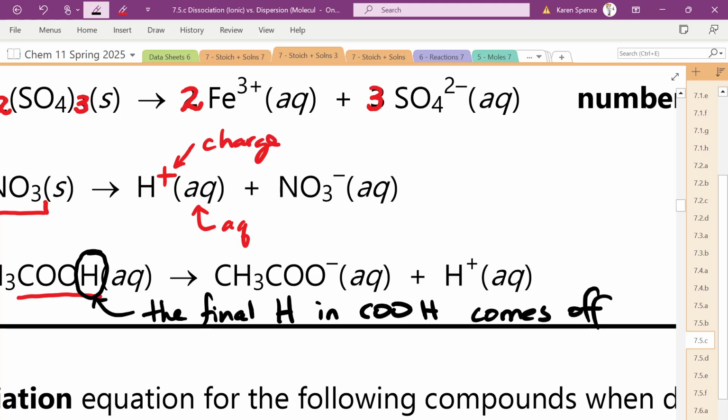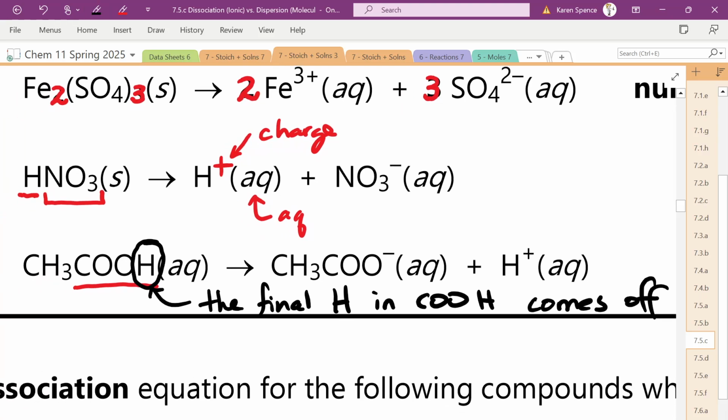And then people always want to know, well, what the heck is the charge? I mean, if it's acetate, that's great. I know that the charge of acetate is -1, but what if I had C4H9COOH?